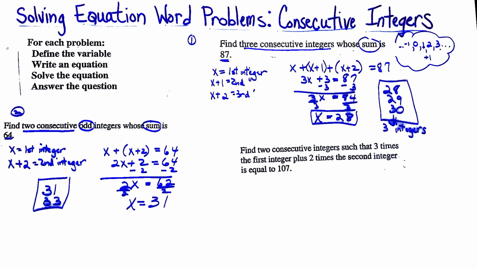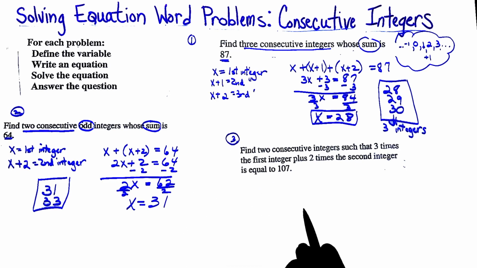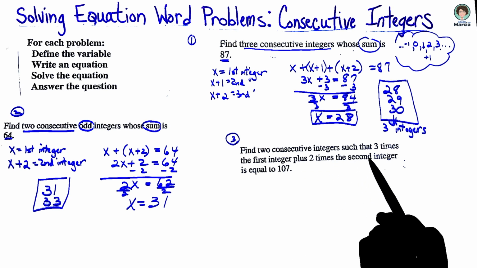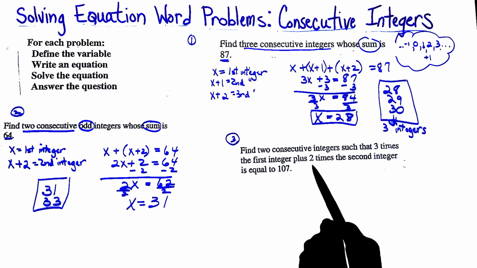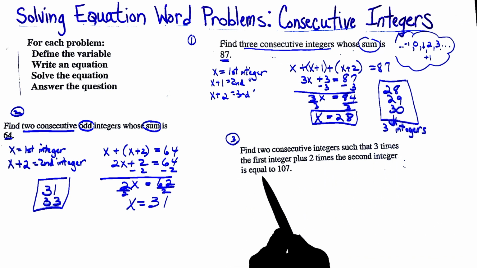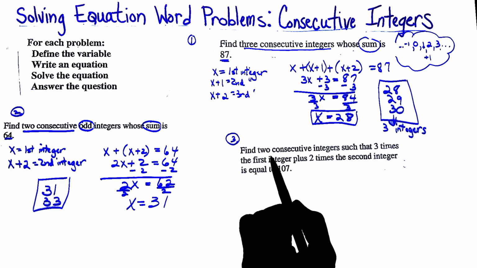All right, for the last one, we are going to find two consecutive integers such that 3 times the first integer plus 2 times the second integer is equal to 107. We got to mark the text now. So first, we know that they're going to be consecutive integers.